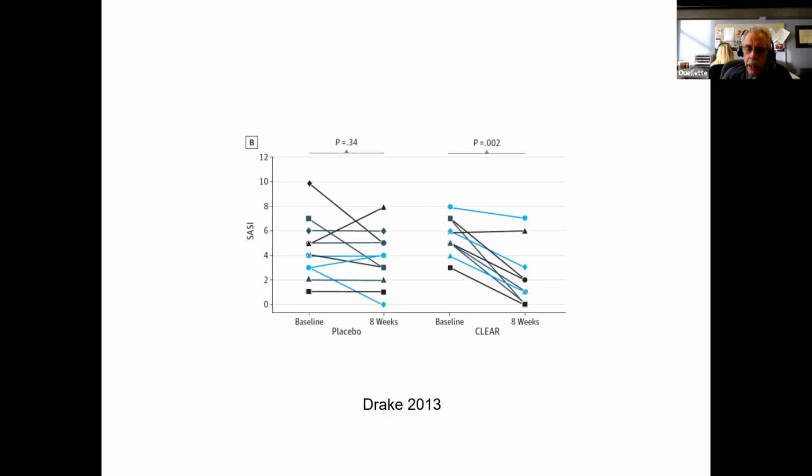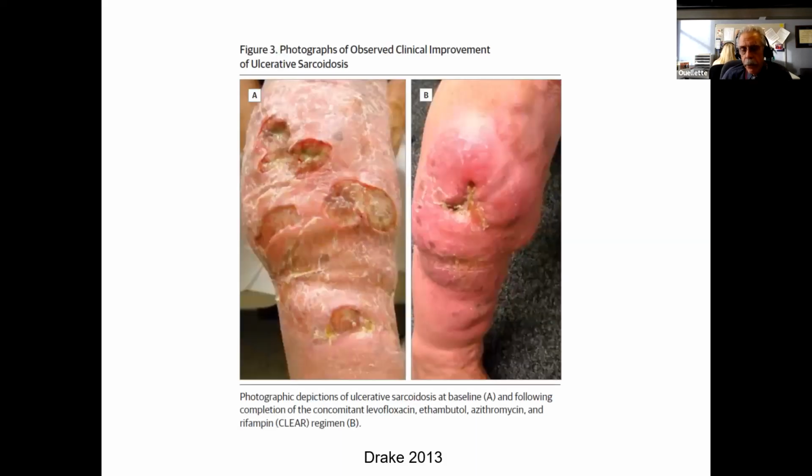And interestingly, the patients on the antimycobacterial regimen improved more than the patients who received placebo. And this is a photograph of the lesions on one patient and shows, after 8 weeks of treatment with an antimycobacterial regimen, the changes and improvement that this particular patient obtained.